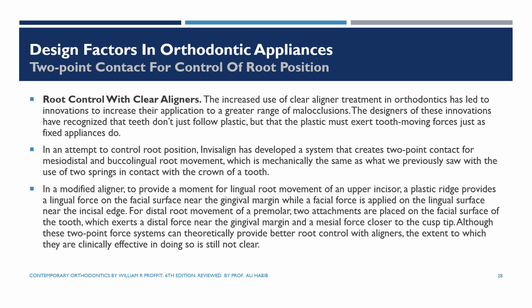So for better control, the clear aligner companies, especially the Invisalign company, the Align company, created what we call attachments, and they used these attachments to create 2-point contact to have better mesiodistal and buccolingual root movement.